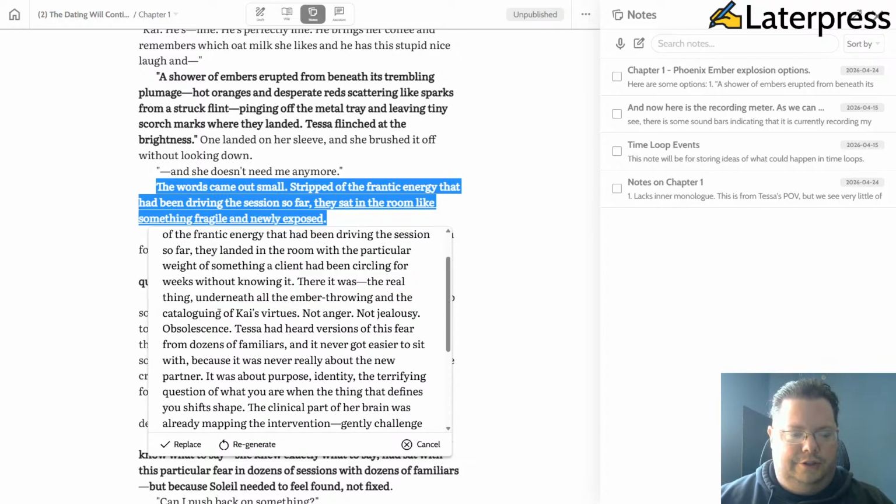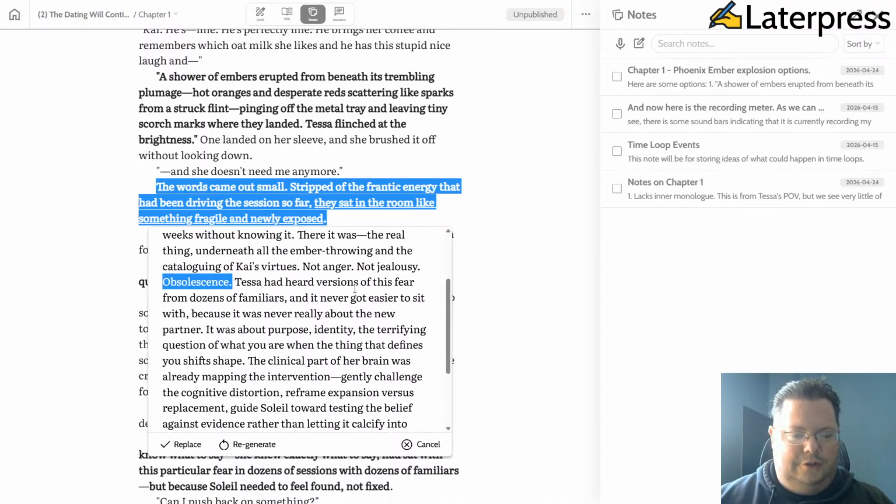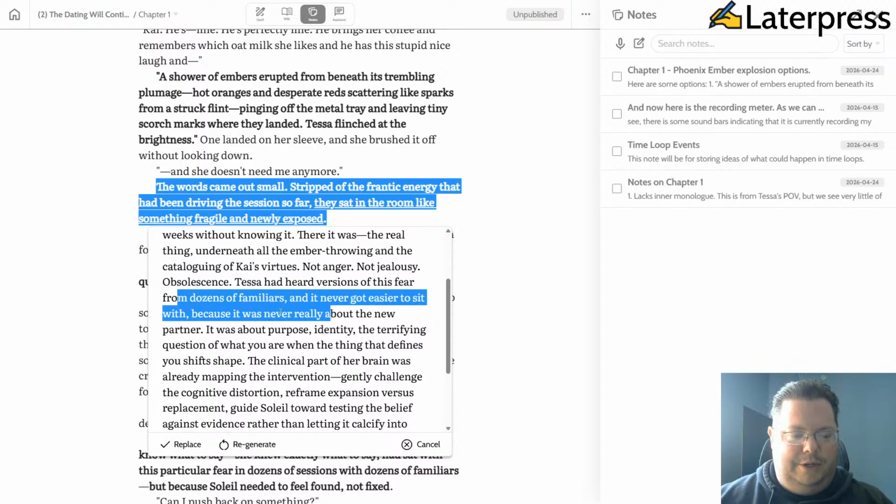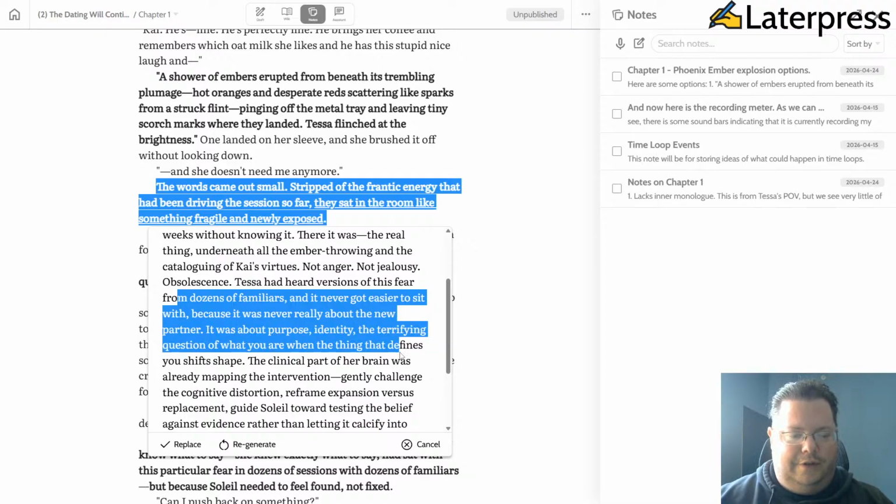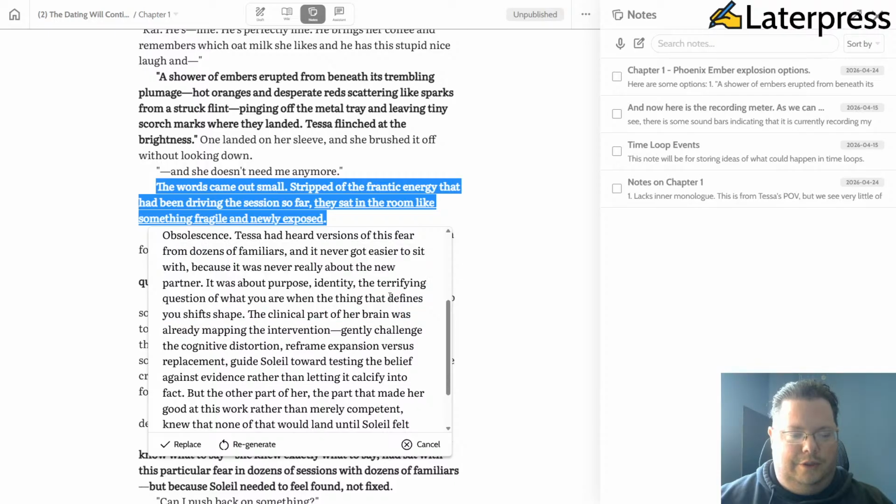Not anger, not jealousy, obsolescence. Tessa had heard versions of this fear from dozens of familiars, and it never got easier to sit with because it was never really about the new partner. It was about purpose, identity, the terrifying question of what you are when the thing that defines you shifts shape." Try saying that ten times fast. Shifts shapes. I'm not even going to try to do it twice fast.